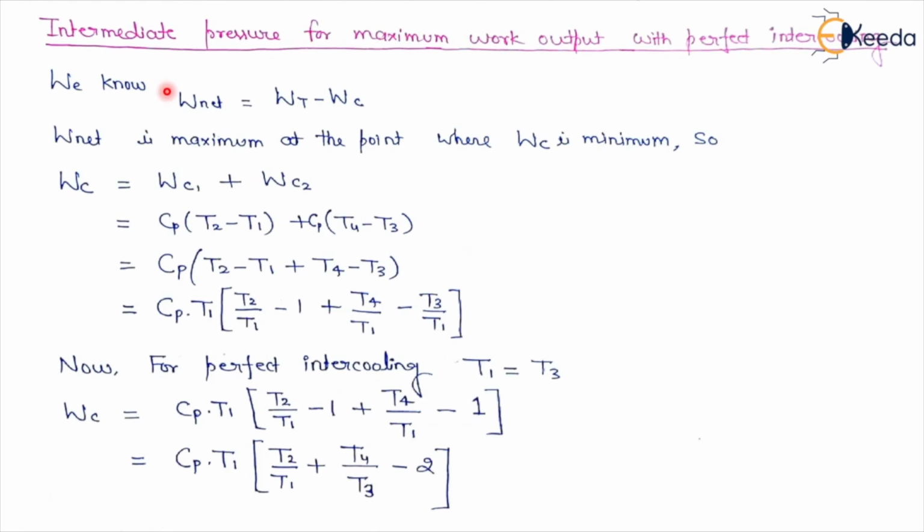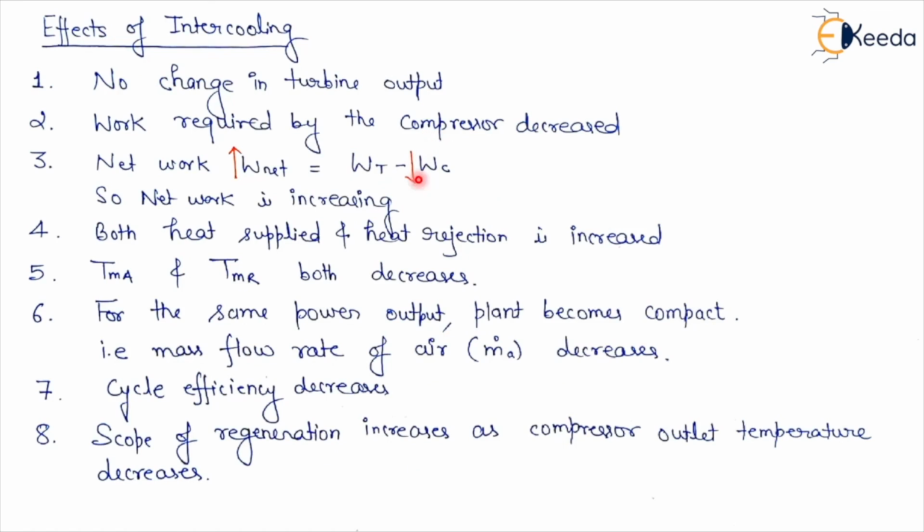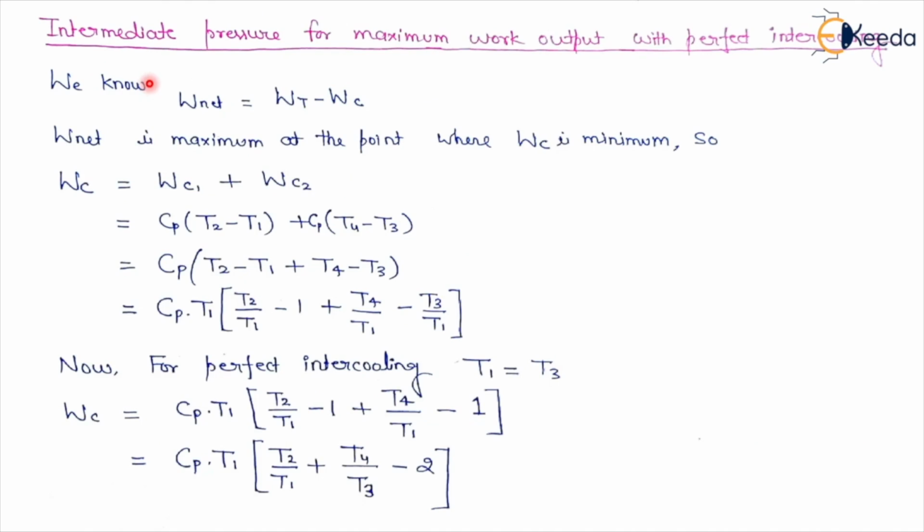Now you see here, the work input to the compressor is decreasing and W net output is increasing. So up to which point can we reduce the work input to the compressor? That we will find out here. We know that W net is equal to WT minus WC.